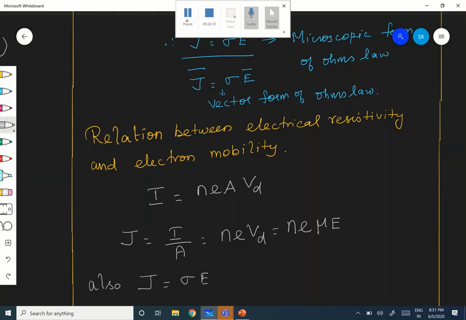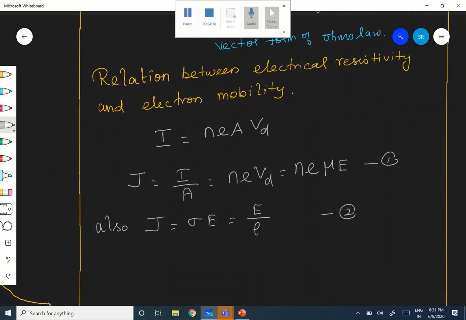Just now we have derived that. That is nothing but E by rho, because I want it in terms of resistivity. Therefore, this is 1 and this is 2. Both are current densities only. Therefore, equating 1 and 2, N E mu E is equal to E by rho.